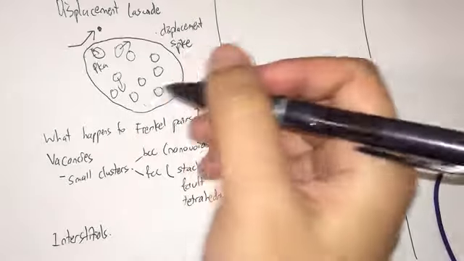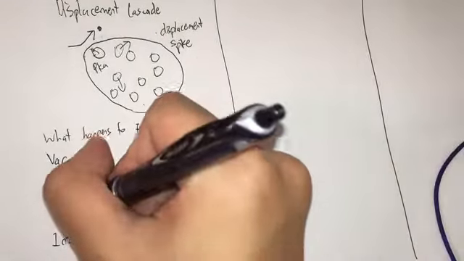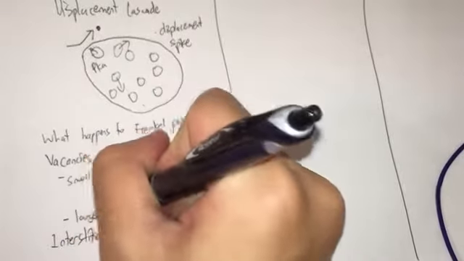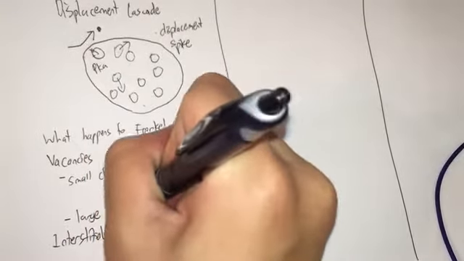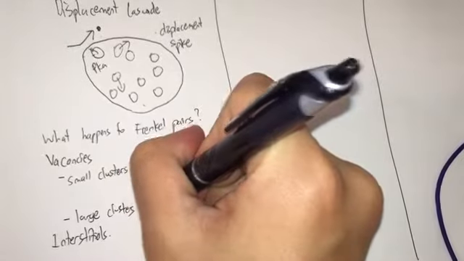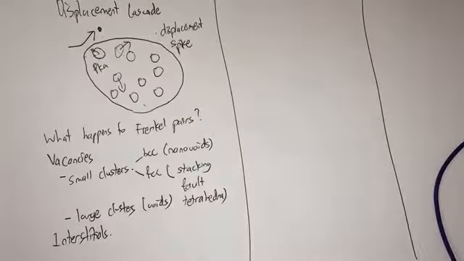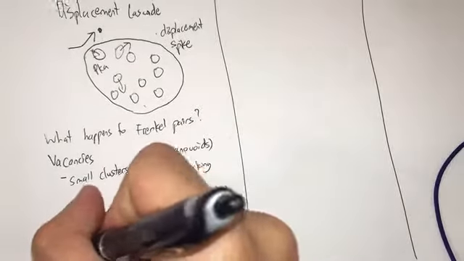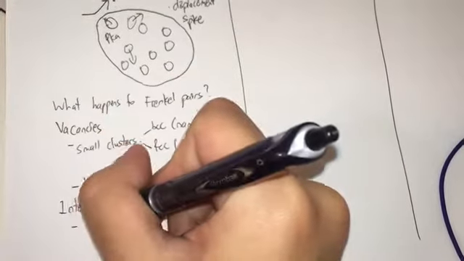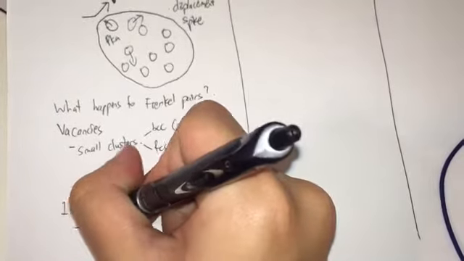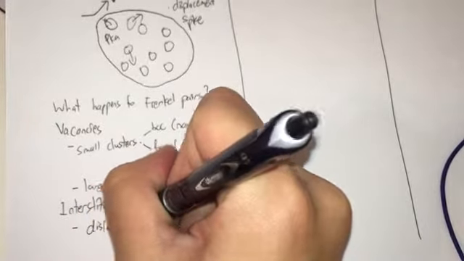The other way is for vacancies to coalesce into large clusters. They call it voids in this case. What about the interstitials? Interstitials will coalesce into dislocation loops.